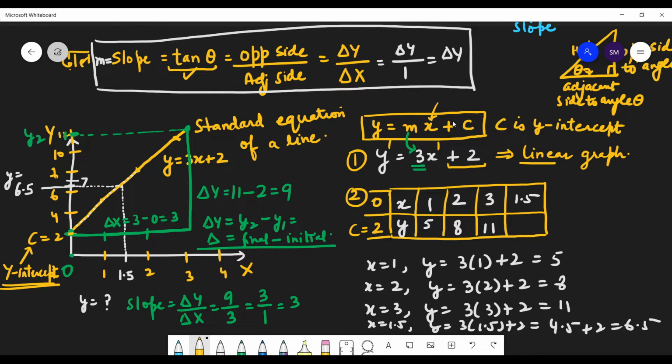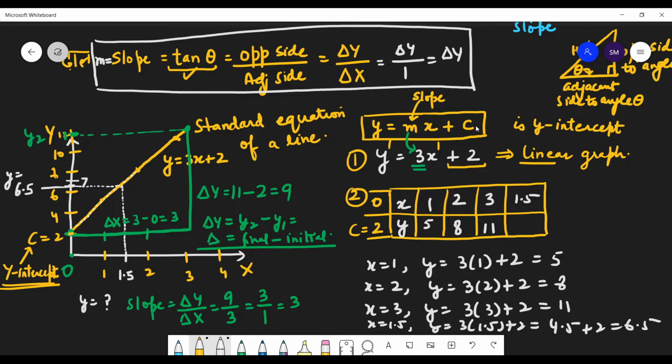So you have two variables, students. We are studying the relation between x and y, and while studying it we have written this linear equation. So a linear relation is there between x and y. We have m, which is the slope of this line, and c is the y-intercept.